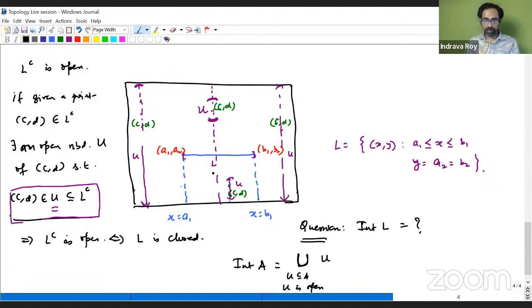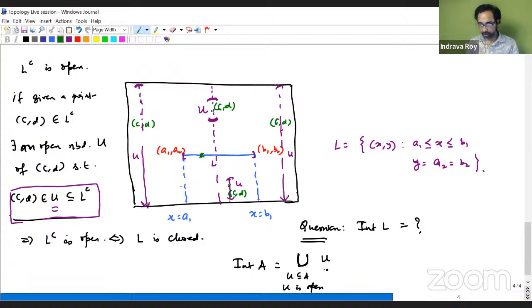What kind of open sets can be contained inside L? Any guesses from listeners? No? So if you take a point, let's have a point here, and you take an open set.